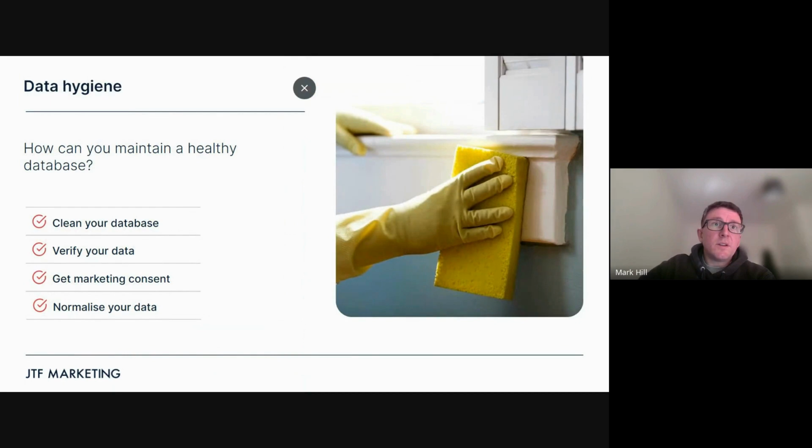So now on to data hygiene. You must clean your database and make sure it's not full of people who are unmarketable. These might be people who are blocklisted, email invalid, they could be soft or hard bouncing, or they might be marketing suspended if you're using marketing suspended in that way.